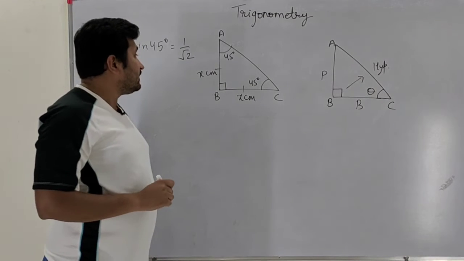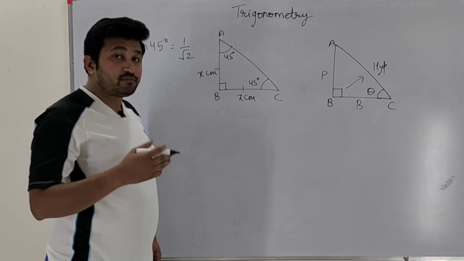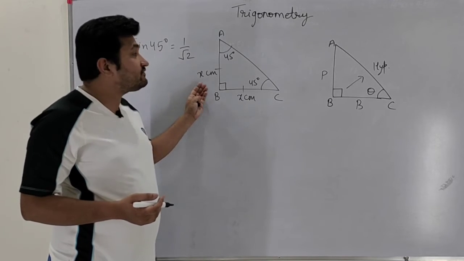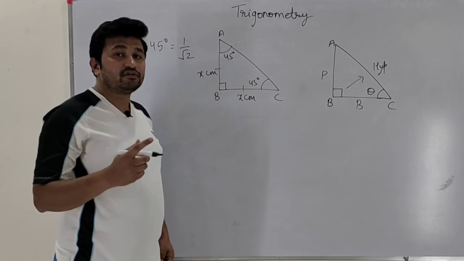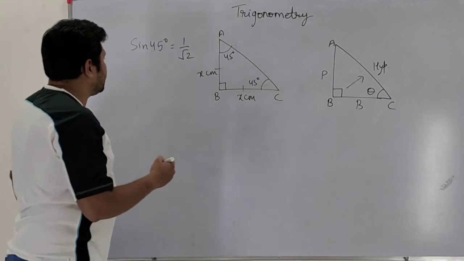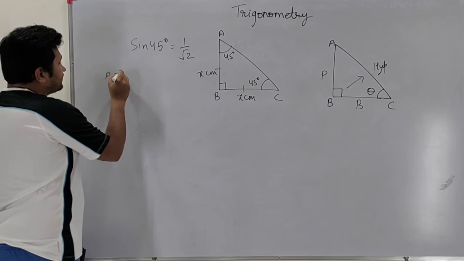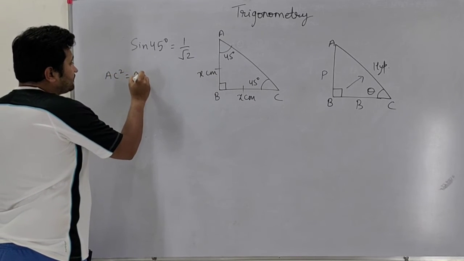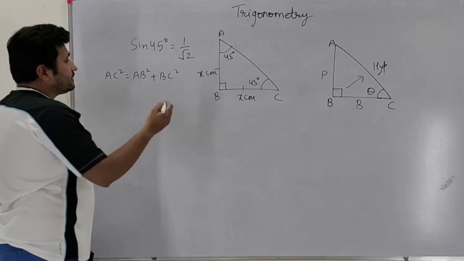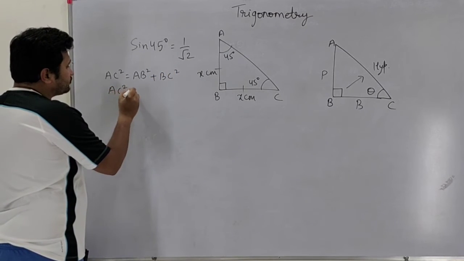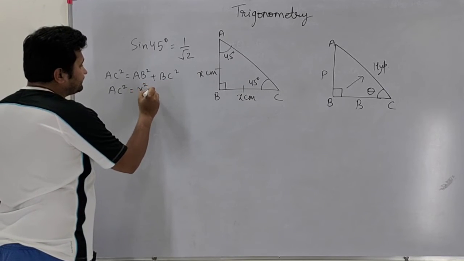When I consider that this is x centimeter, this is also x centimeter only. Now, as we know, sin theta is perpendicular upon hypotenuse. The perpendicular we have in terms of x, and the hypotenuse we have to find, which I will find using the Pythagoras theorem. As this is the hypotenuse, the square of AC equals the sum of the squares of AB and BC. AC value we have to find, so AC square. AB we have considered x, so x square.